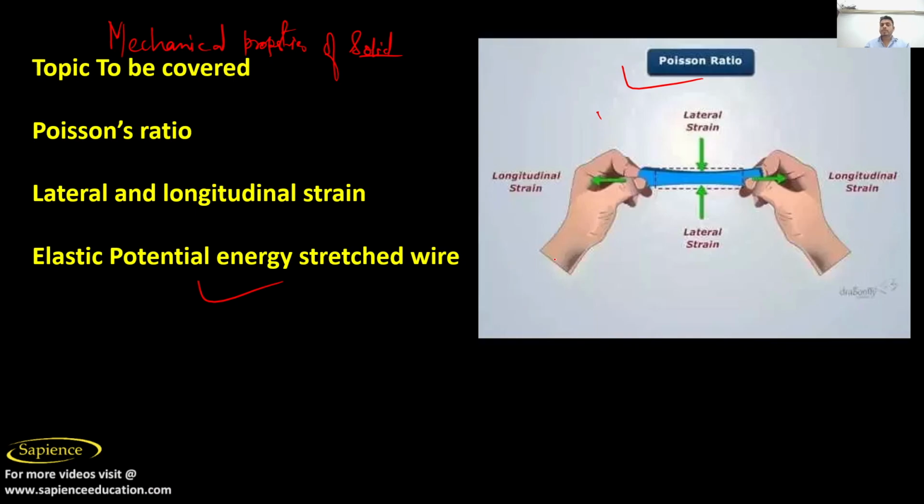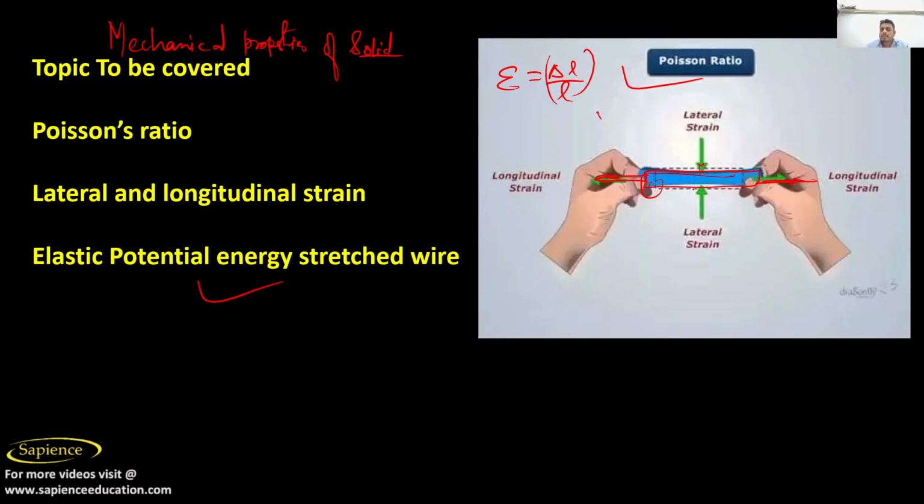Whenever you try to pull this object, as you can see in the picture, what will happen? Its thickness will decrease. Strain is the change in length by the original length.